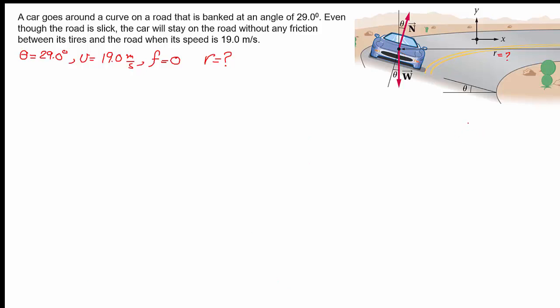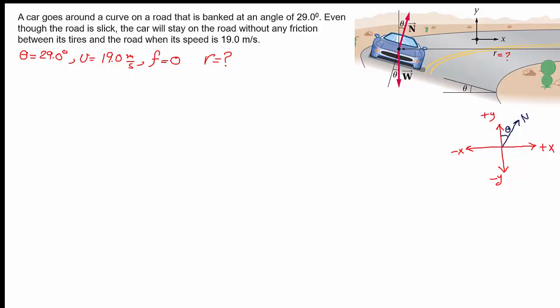Okay, so if we draw the force diagram of the object with the y and the x, we are not interested in taking the x and the y along the incline; we are taking the horizontal x and the vertical y. So this is positive x, negative x, positive y, negative y. The forces acting on the object will be the normal force, and the normal force is forming an angle here. This angle is equal to the banking angle.